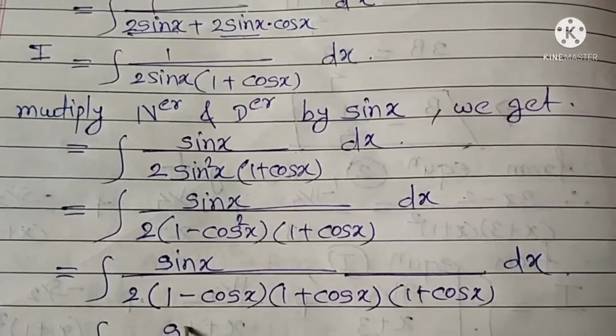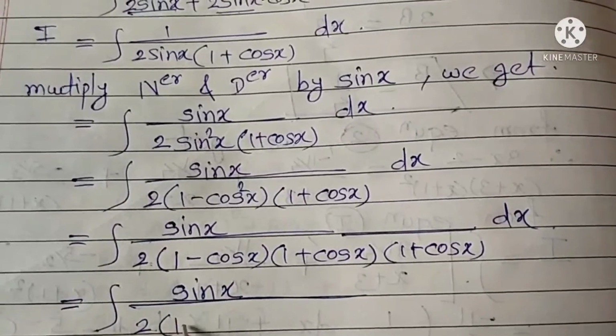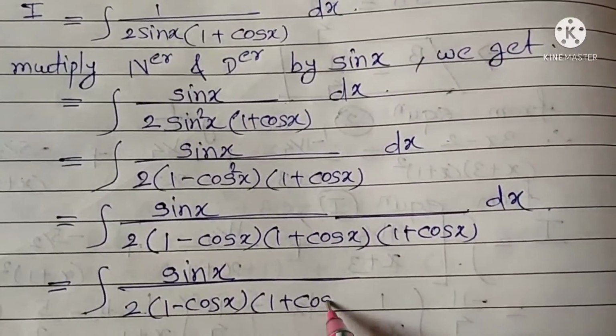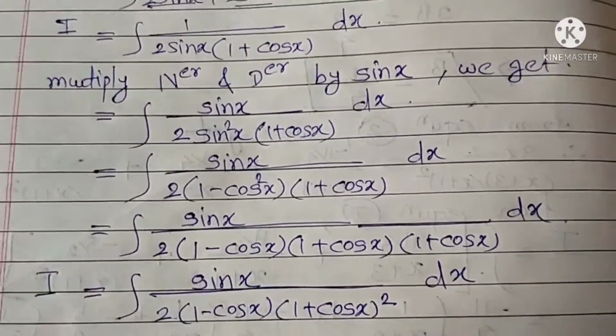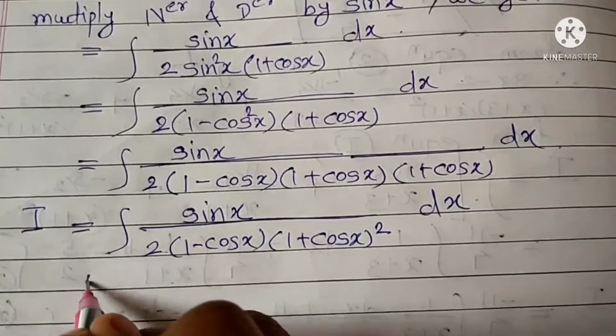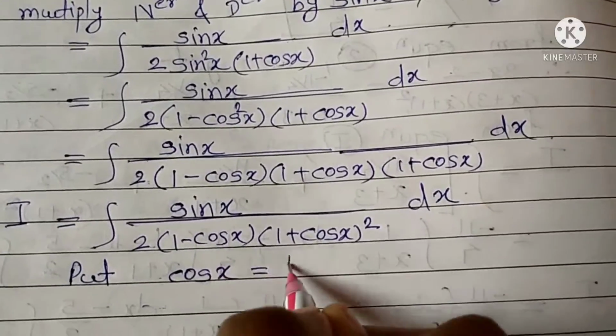Integration of sin x upon 2(1 - cos x), and here (1 + cos x) square dx. So for this example, type of substitution: put cos x is equal to t.